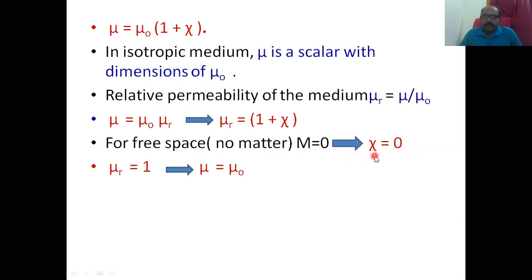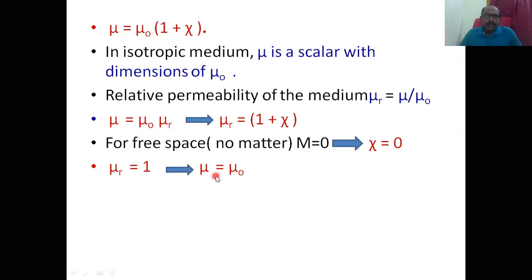So if susceptibility is 0 in the above equation, by writing mu r is equal to 1 plus 0, that is 1. Here we are getting mu r is equal to 1. If mu r is equal to 1, from the above equation, mu is equal to mu naught into 1. Therefore, mu is equal to mu naught.